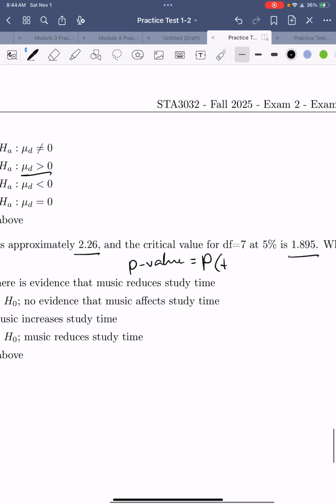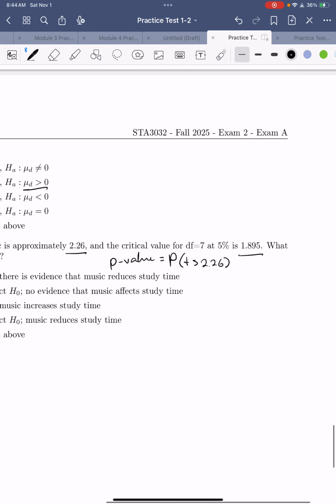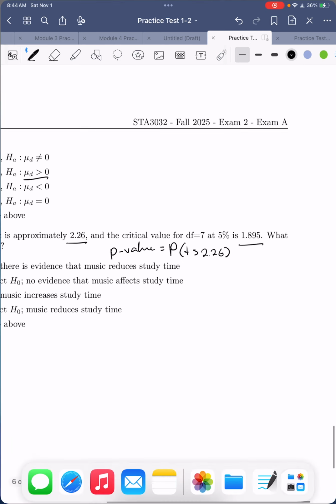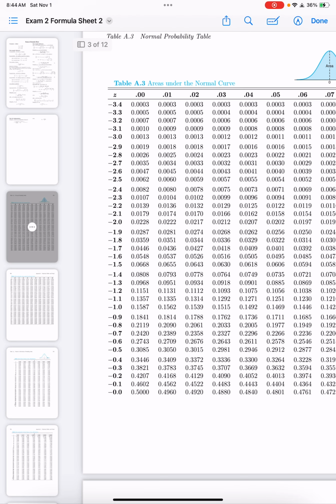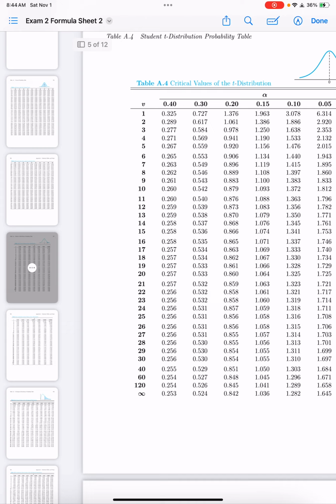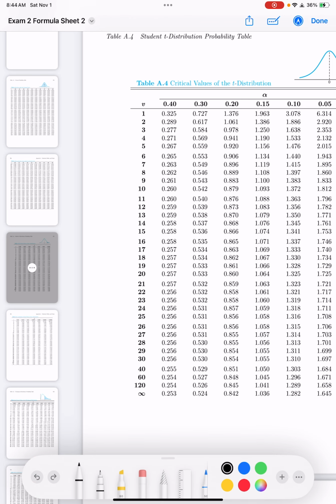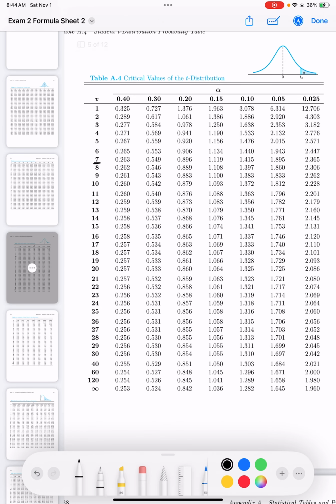So we're looking for if t is greater than 2.26, and we can just look in our table. Our degrees of freedom is 7, as I said earlier, so we're looking for 2.26, and that should be between these two numbers, so a little less than 0.025, so it's between 0.025 and 0.05.